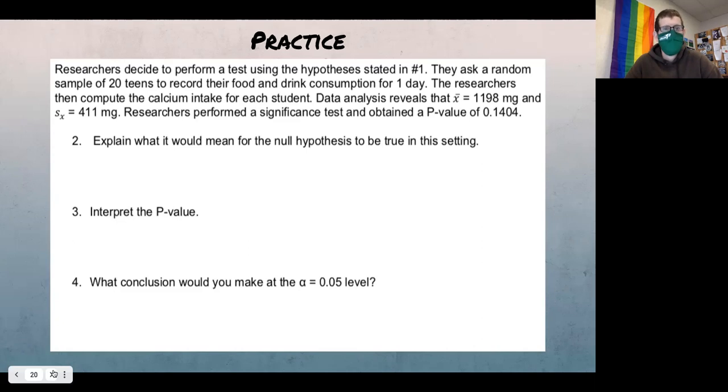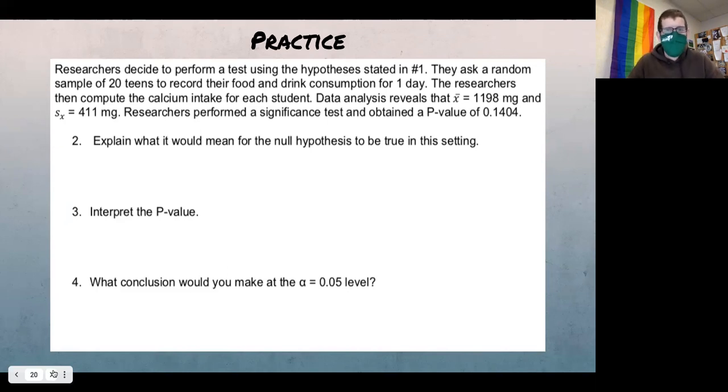Okay? Now, this is where we jump into the numbers a little bit with the next one. Interpret the p-value. So the p-value is 0.1404. Let me go ahead and interpret this one for you. I'm not going to ask you to try and do that. So here's what the p-value means.